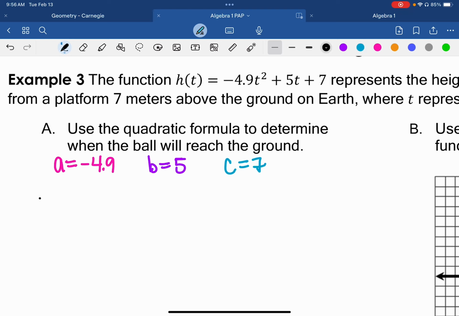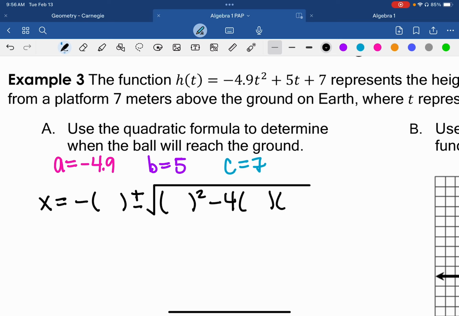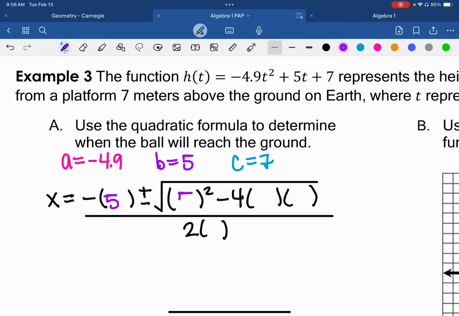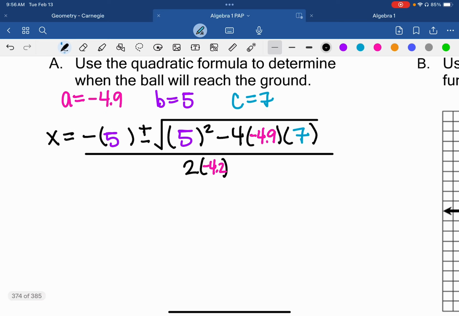All right, hopefully you went ahead and got the correct A, B, and C. Hopefully you remembered that the B's go here, the A's go next to the 4 and the 2, and C fills in our last and final spot.